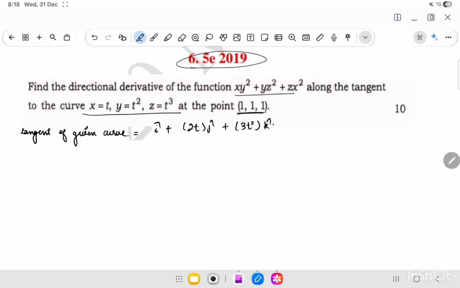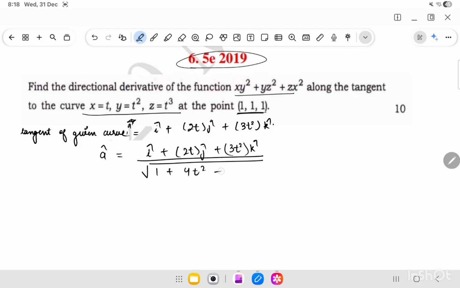Let's denote it with some vector a. So if I evaluate this, it will be equal to i cap plus 2t j cap plus 3t square k cap divided by square root of 1 plus 4t square plus 9t raised to 4.